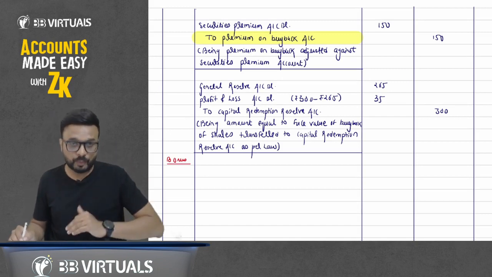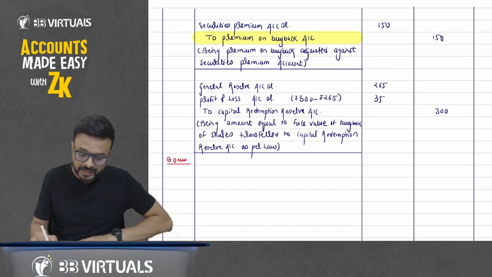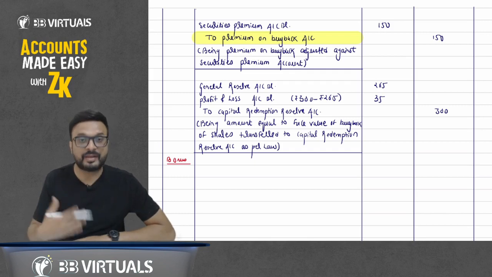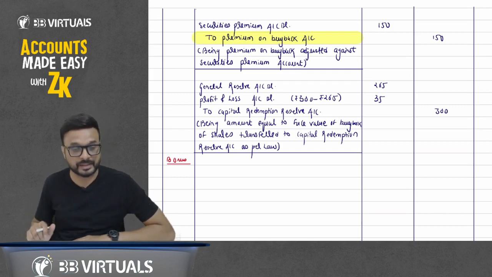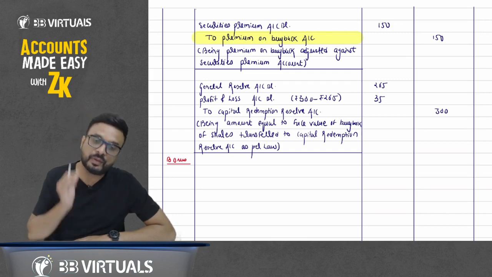So now we are issuing bonus shares. Whenever I say utilize reserve, we are cancelling or reducing that reserve. A reserve has a credit balance, and when we utilize it, we have to debit it.